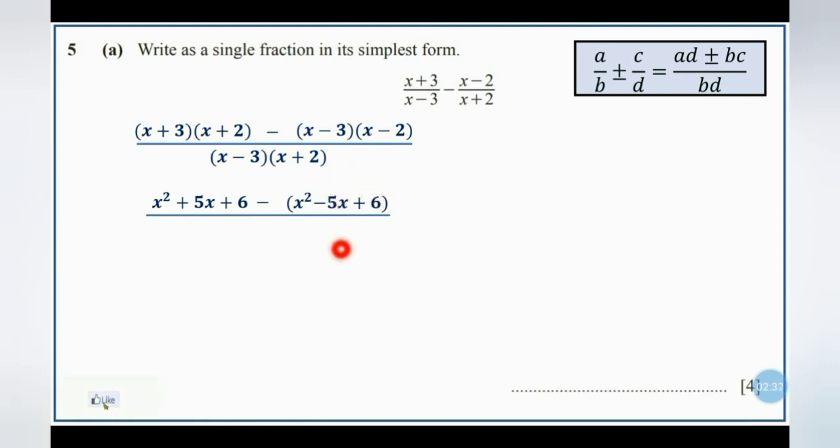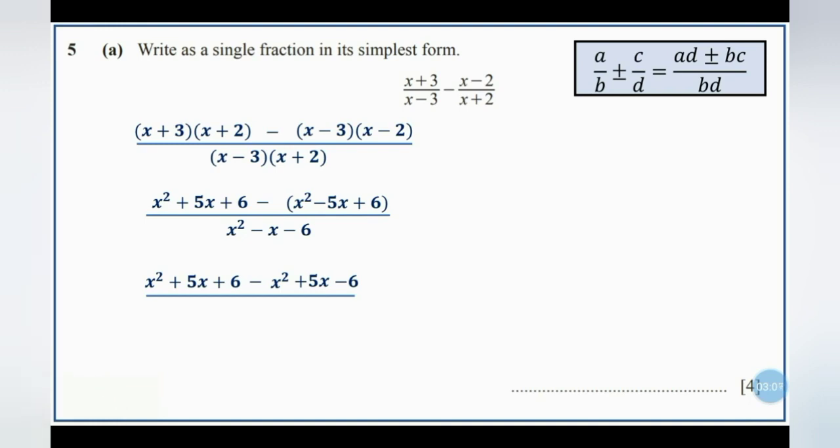Again, x squared minus 5x plus 6 is the result when you expand x minus 3 times x minus 2. Now, let's expand the bracket on the denominator, which is x squared minus x minus 6. Distributing the negative sign to every term, you will get negative x squared, positive 5x, and negative 6.